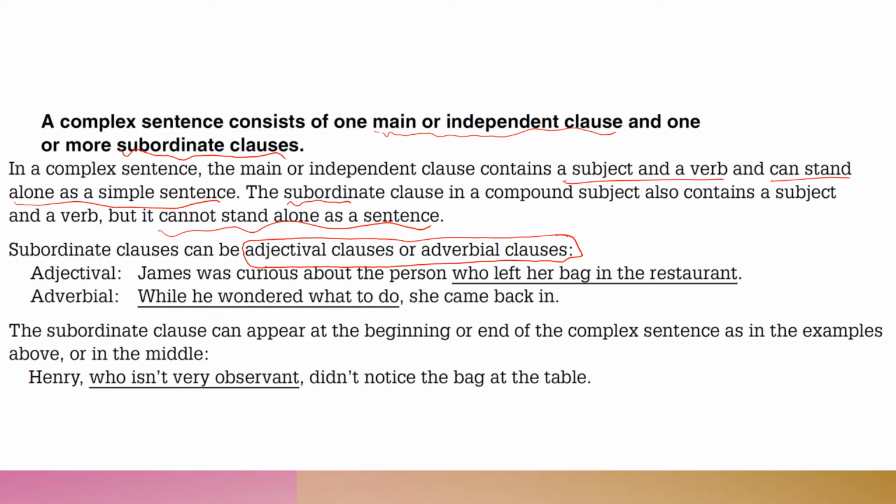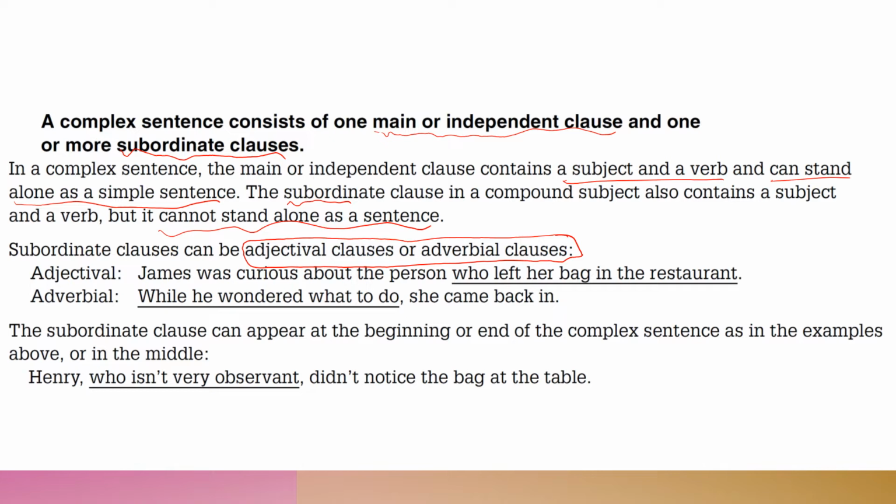An example for adverbial clause would be: while he wondered what to do, this is the adverbial clause, she came back in. This is the independent clause. So the underlined one in the adjectival example is subordinate, it's dependent.